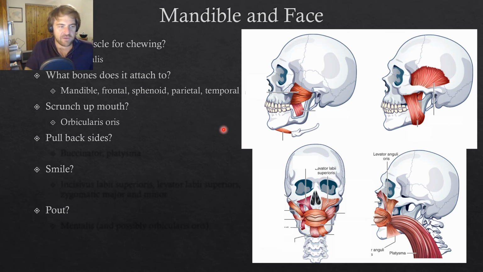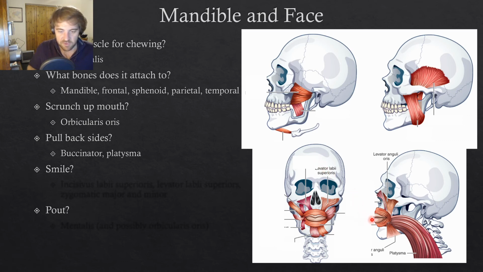Okay, what's going to allow you to pull back the sides of the mouth? There's two. I should have said that on there. One is the buccinator, and the other is the platysma here.